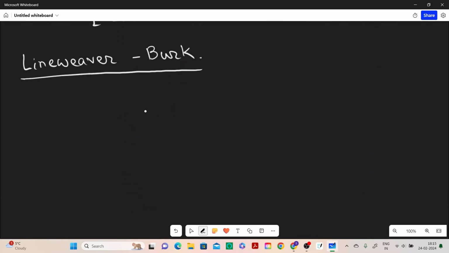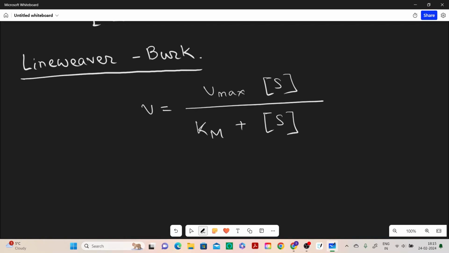So how did they do it? We know V is equal to V max into substrate concentration divided by Km plus substrate concentration.